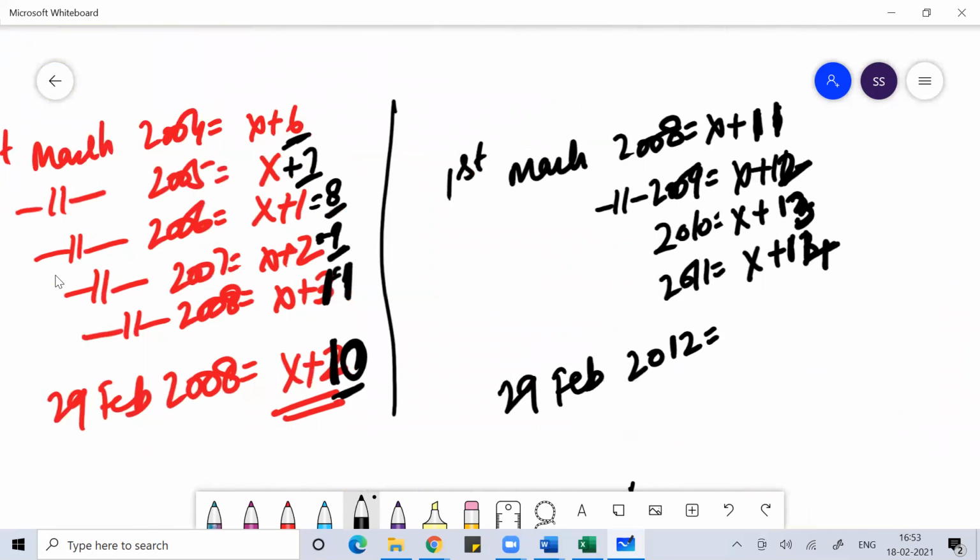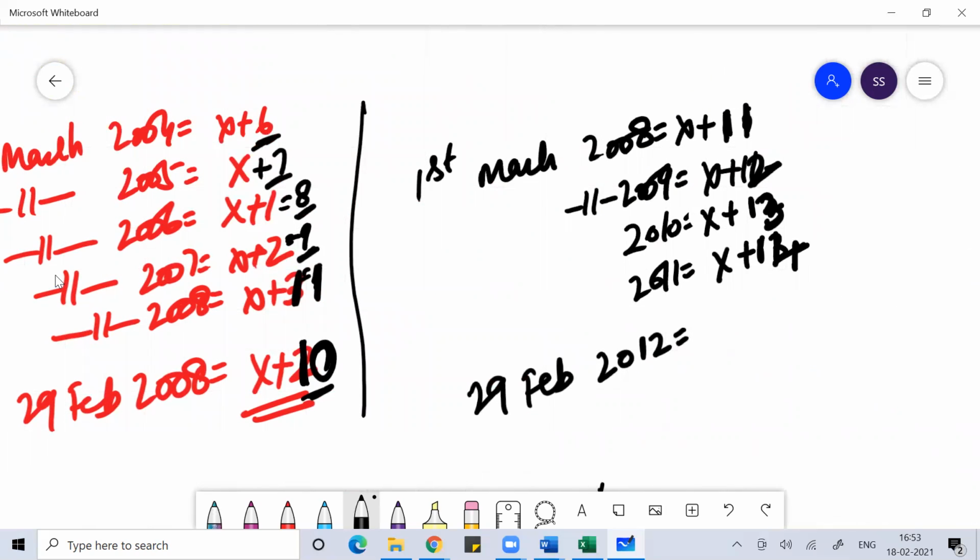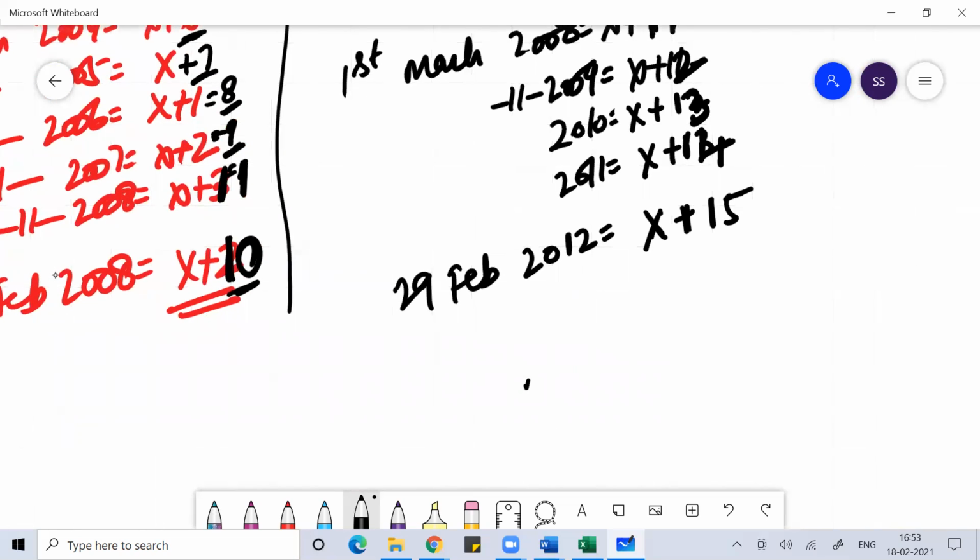And 29 February 2012 would be x plus 15. So this was x, then x plus 5, then x plus 10, then x plus 15.